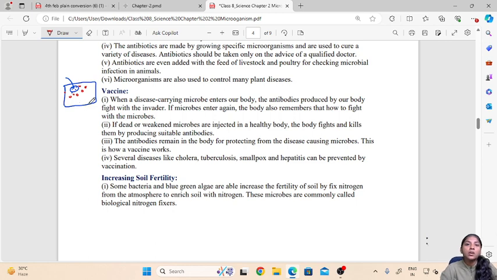The disease causing microbe will be fought against by these antibodies and it will be destroyed or killed.